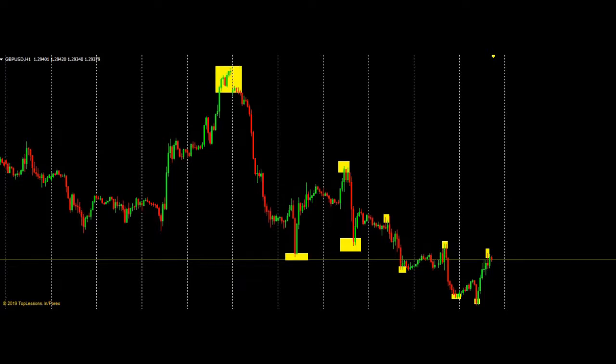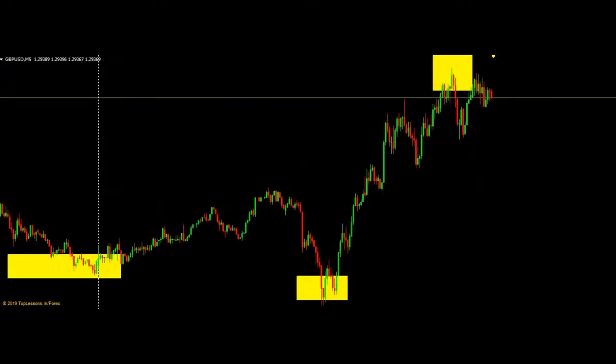So depending on what kind of chart we want to work in, 1 hour chart or 50-minute chart or 5-minute chart, we can identify different low and high peaks.